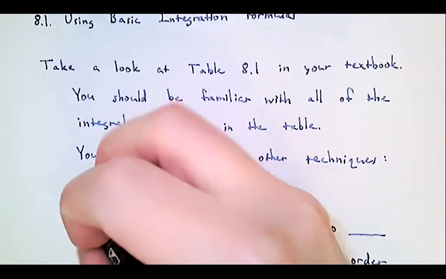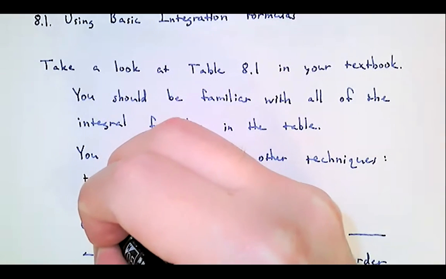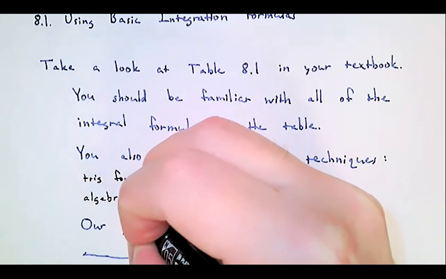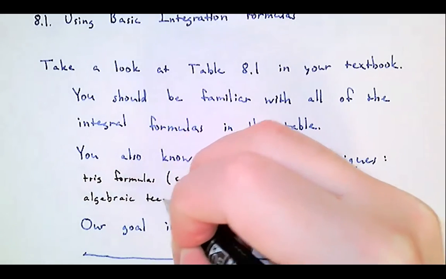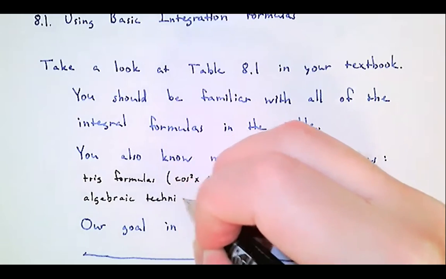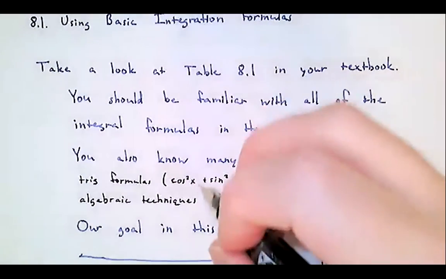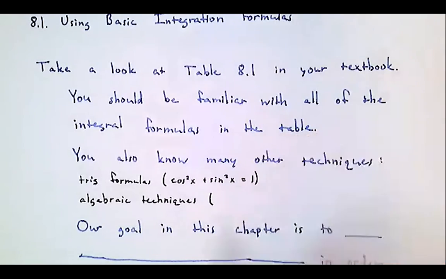We'll also need to know algebraic techniques. This is the other big category. These are the kinds of things that you would have learned in your high school math classes, or maybe college algebra, if you took that at the university level.